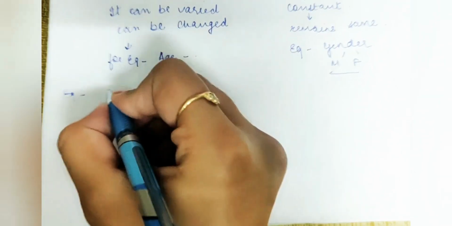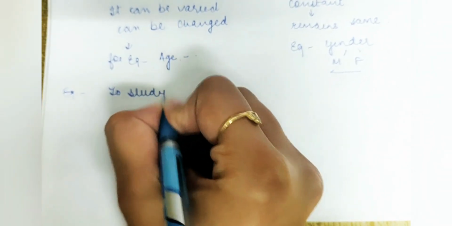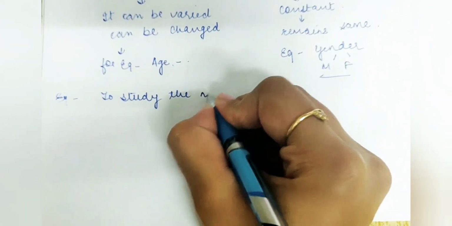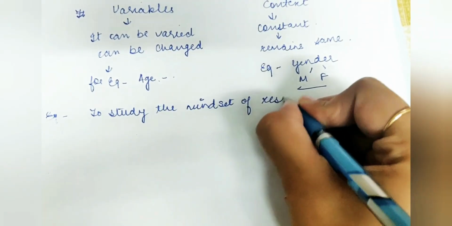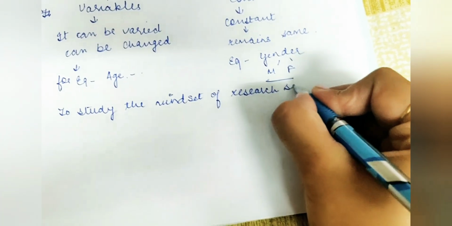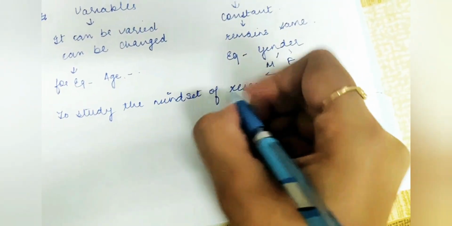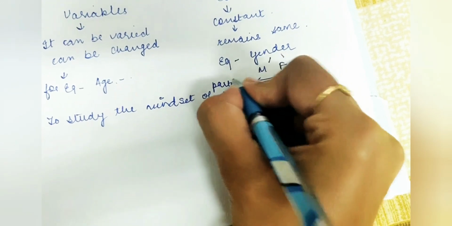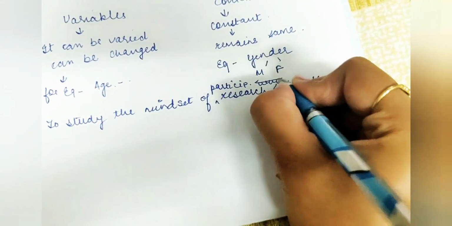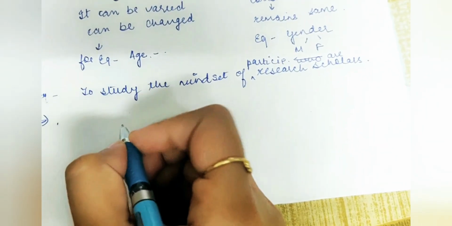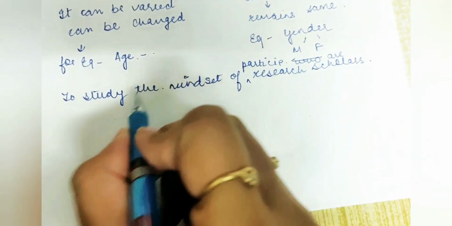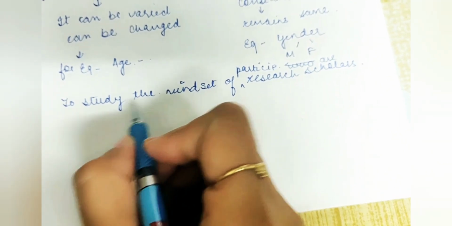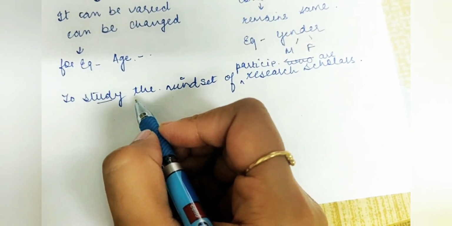For example, to study the mindset of research scholars, participants who are research scholars. Obviously, statistics has no relationship with the prepositions and articles, such as study, analysis, extent.